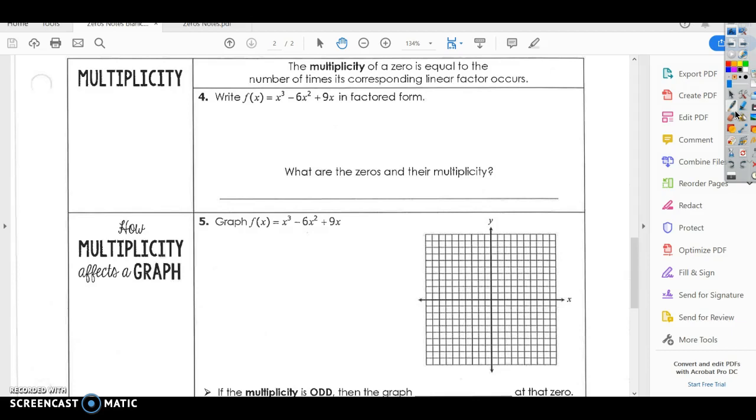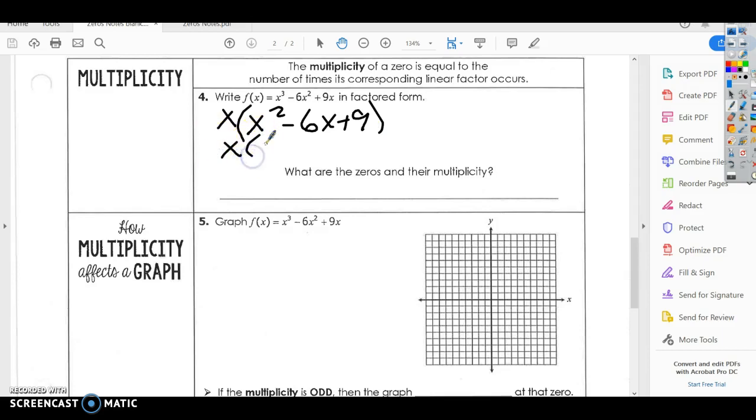So for the example that we have here, to factor this, first our greatest common factor would be x. If you factor out an x, you're going to be left with x squared minus 6x plus 9. And then I would want to factor that further.